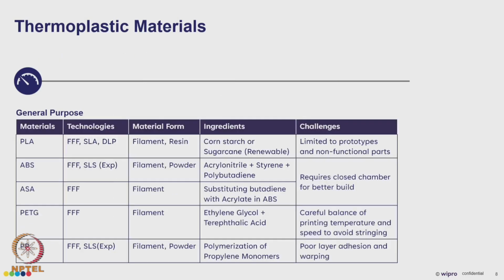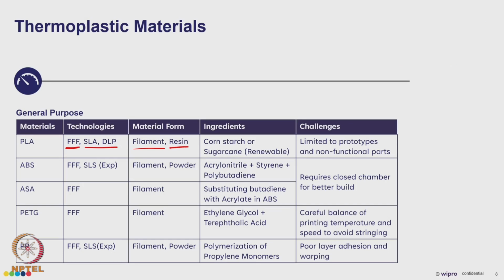Now, let us see in detail about these general purpose materials. The first material which we are going to see here is PLA, that is polylactic acid. Here we could see the raw material is in the form of filament, and the technology which uses that is FFF technology, and also we have SLA and DLP technologies which use PLA in recent times, and that uses resin as a material form.